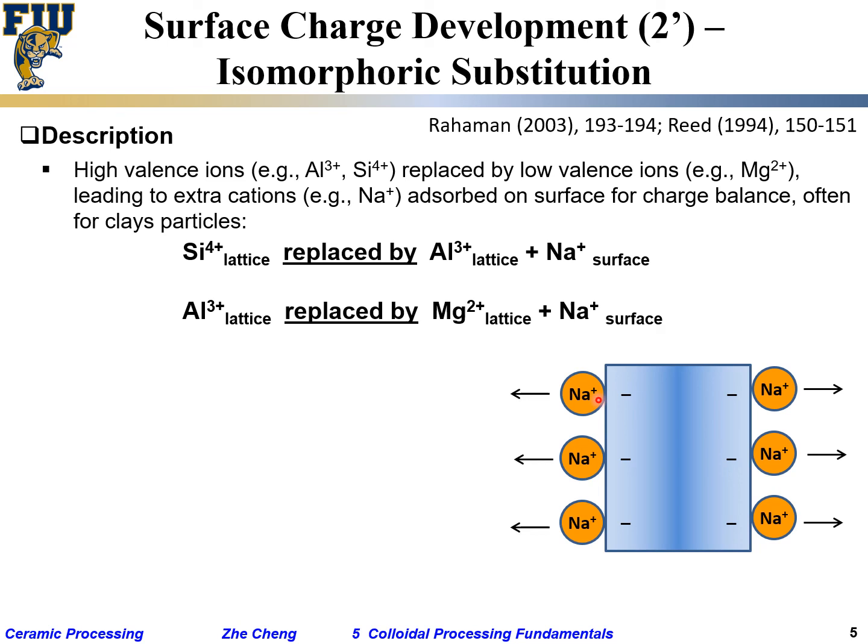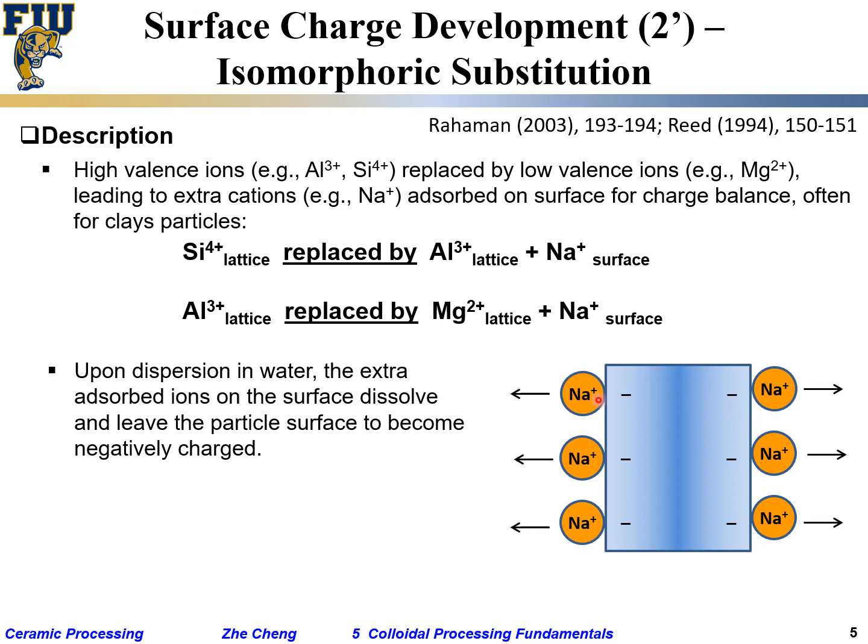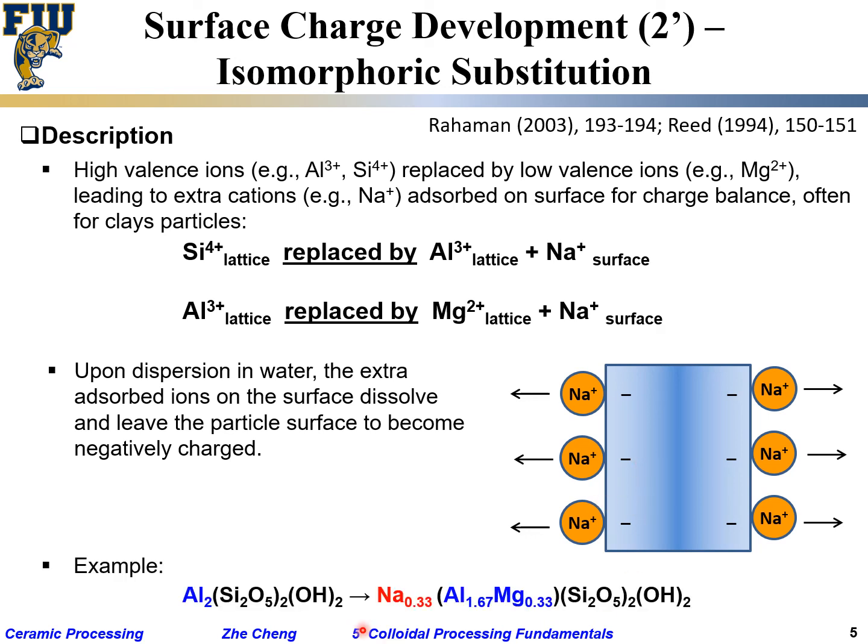The attached surface cation dissolves away. Upon dissolution in water, the cation attached at the surface dissolves and leaves the surface negatively charged. As this attached sodium leaves, the surface is left with negative charges.